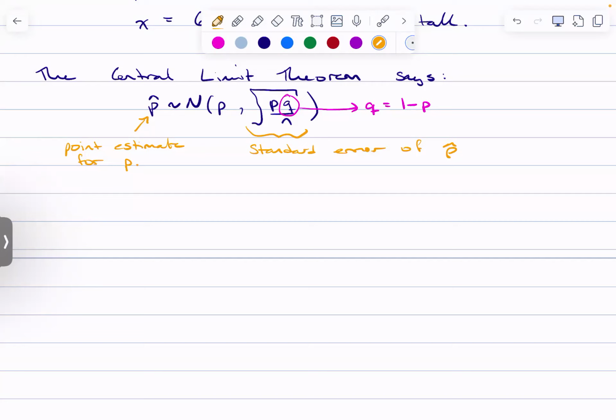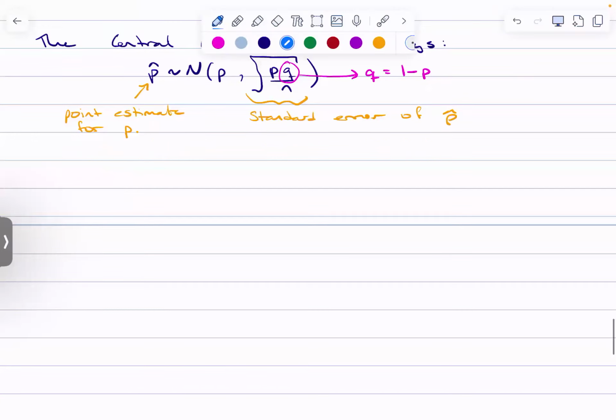And then we have this central limit theorem. Anything that's a theorem means that we can just use it and trust that it's true. Now, it is subject to some conditions. And so we can only assume it follows a normal distribution if some conditions are met.